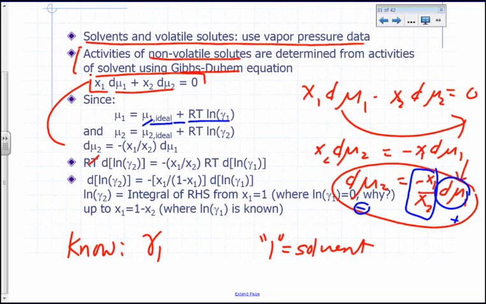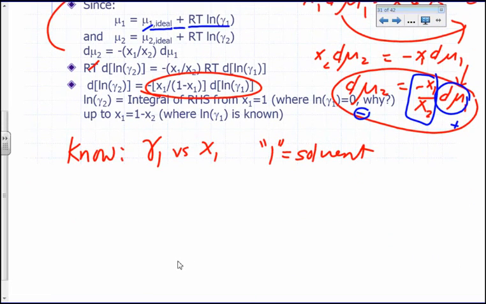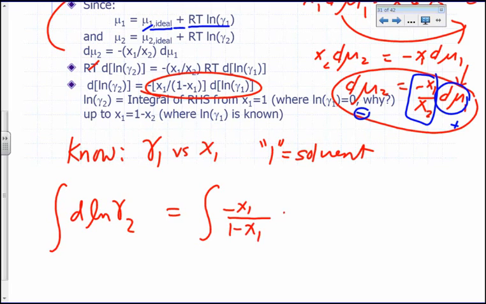If we know gamma 1 versus the mole fraction of solvent, x1, then everything on the right-hand side you would know. So to get ln gamma 2, integrate both sides of the equation. It would be the integral of negative x1 over 1 minus x1 d ln gamma 1, integrated from pure solute, when x1 equals 0, to whatever x1 is.